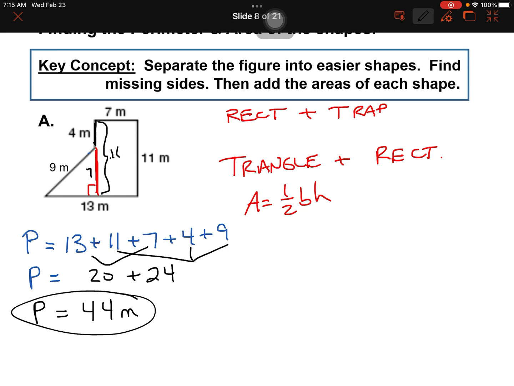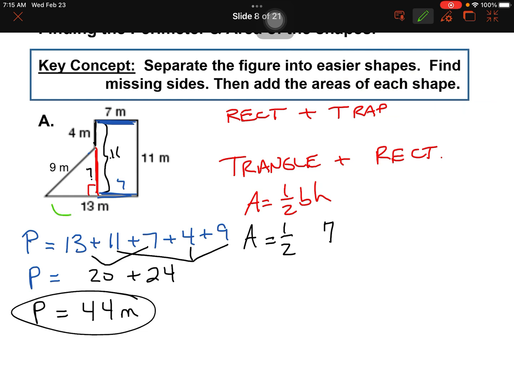So you can see that height is 7 because 7 plus 4 is 11, and that distance has to be 11. So I'm going to put my height as 7. I'm going to put my 1/2 in. Now we need to figure out the base. If this side right here is 7, then this side would also be 7.